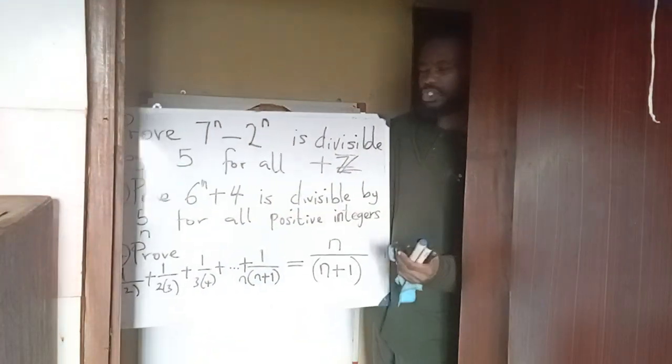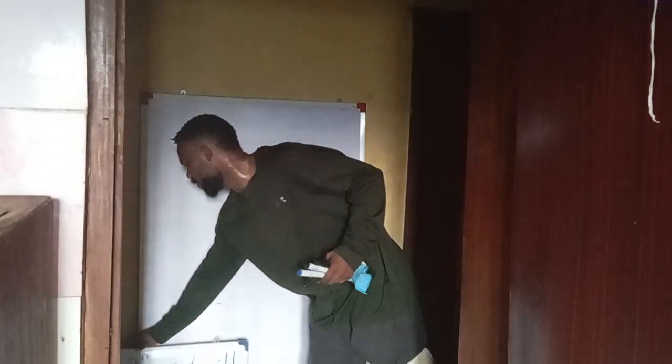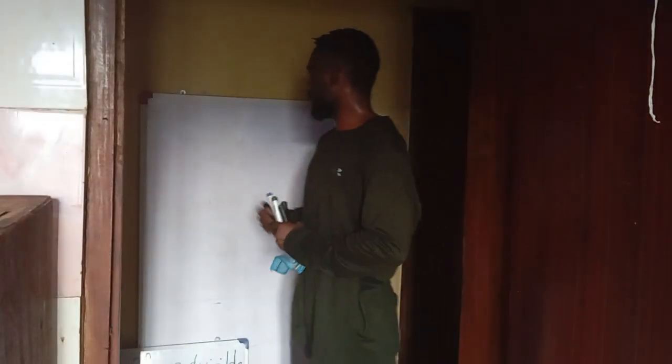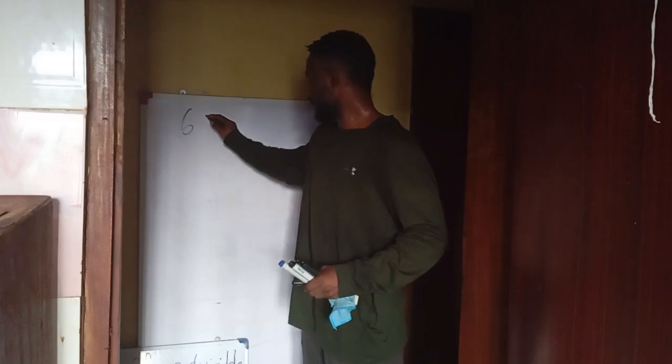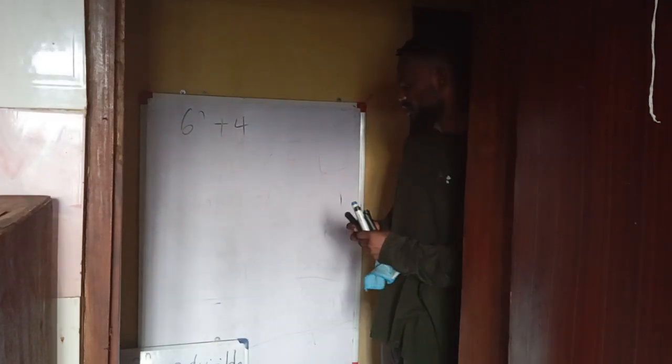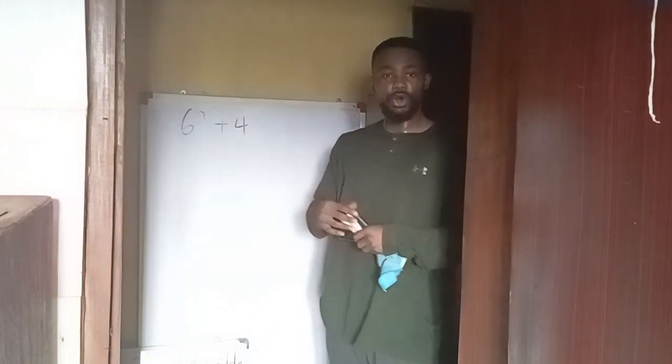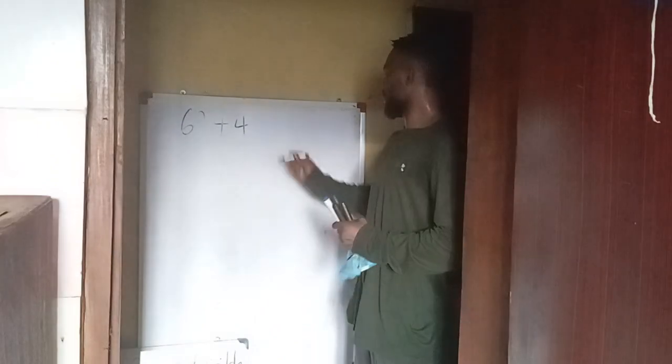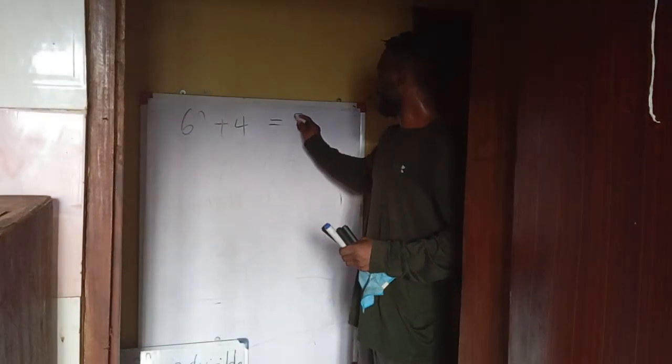But in this, the English is not my problem. What I'm checking is simply what they have given me. They said that I should prove that 6 raised to power n plus 4 is divisible by 5 for all positive integers.